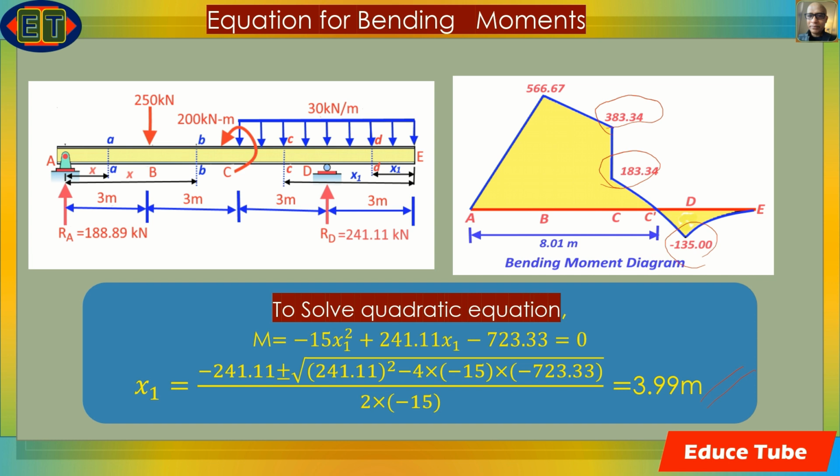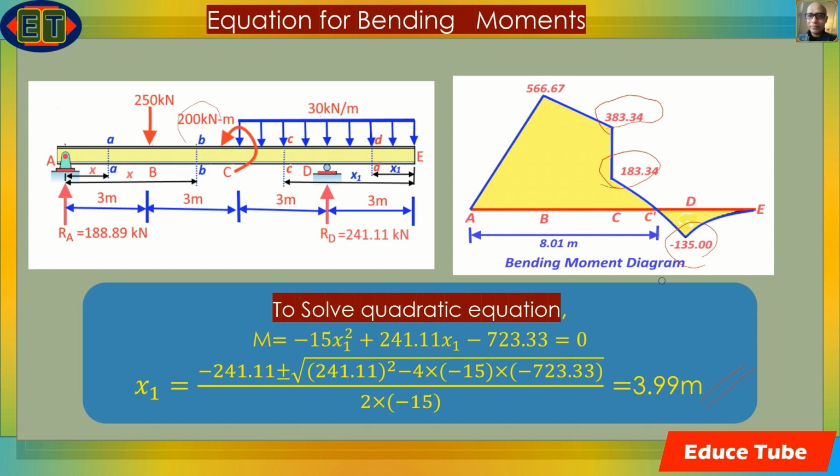And here one important point is that at C the bending moment drops abruptly by an amount 383.34 minus 183.34, which is 200 kilonewton meter.